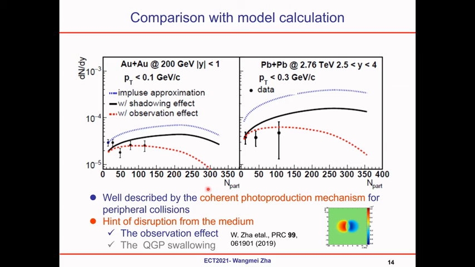And we further consider the case of the absorption effect. So what is the absorption effect? It means that in the overlap region, shown in this cartoon, you have strong interactions which may destroy the photon production and lead to decoherence, which means that it cannot be coherent anymore.